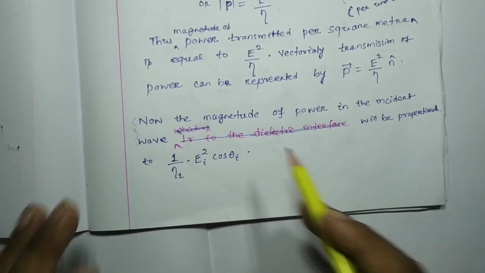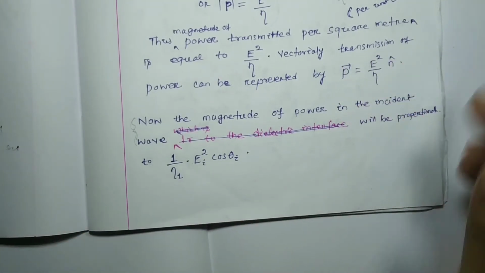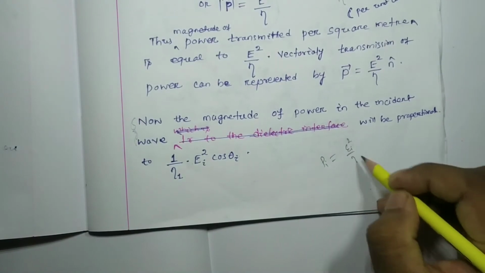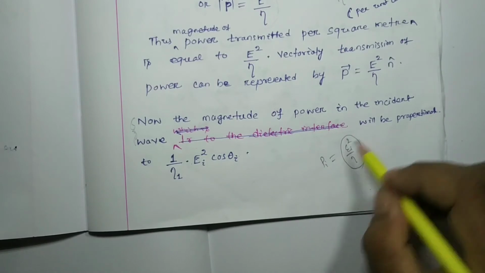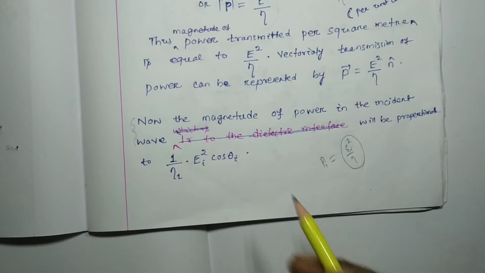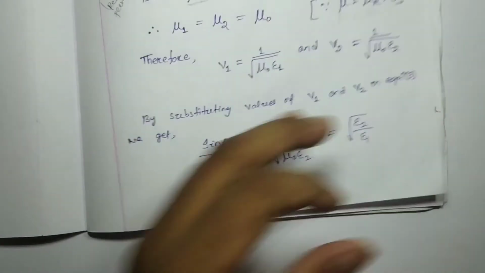So it is proportional. Here the magnitude of Pi, that is Ei square by eta, will be proportional to this one. Here we wrote cos theta I. When theta changes, this factor is going to change. You got it?